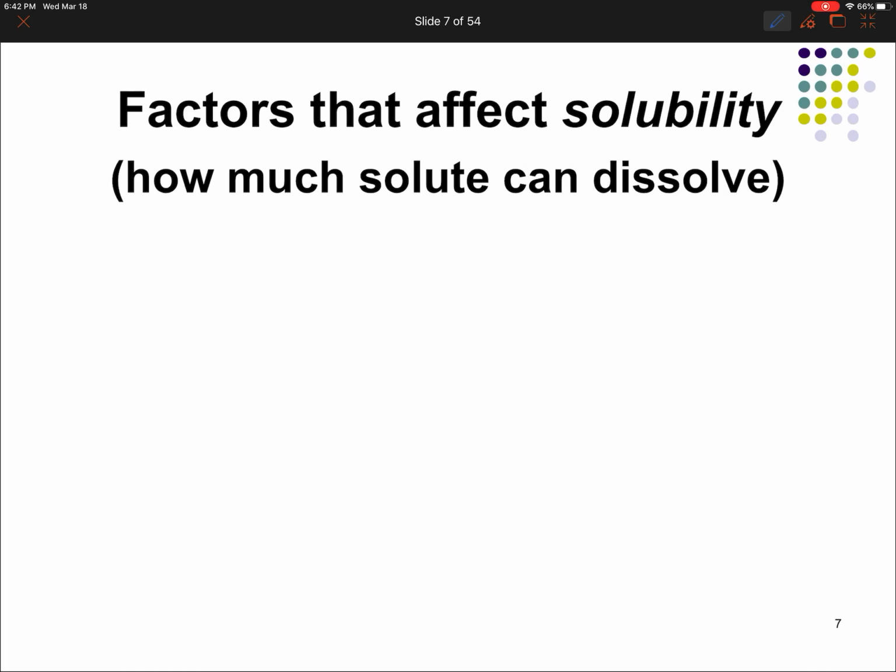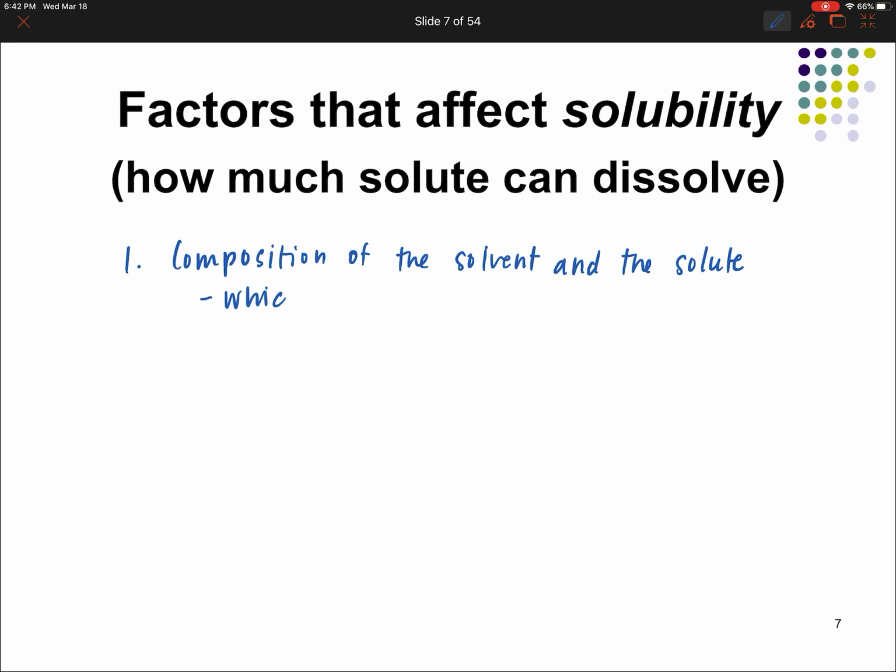So there are some factors that affect solubility, which means how much solute can dissolve. Okay? The first is the composition of the solvent and the solute. So what I mean by this is which solute is being dissolved in which solvent.